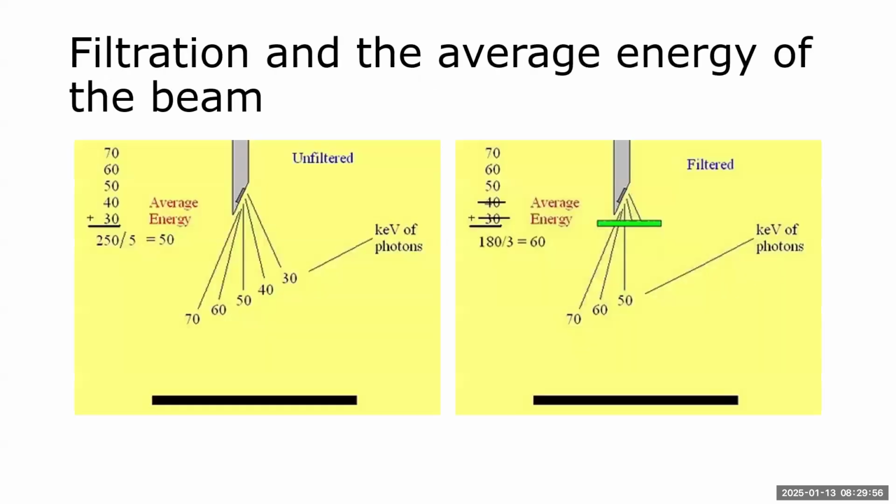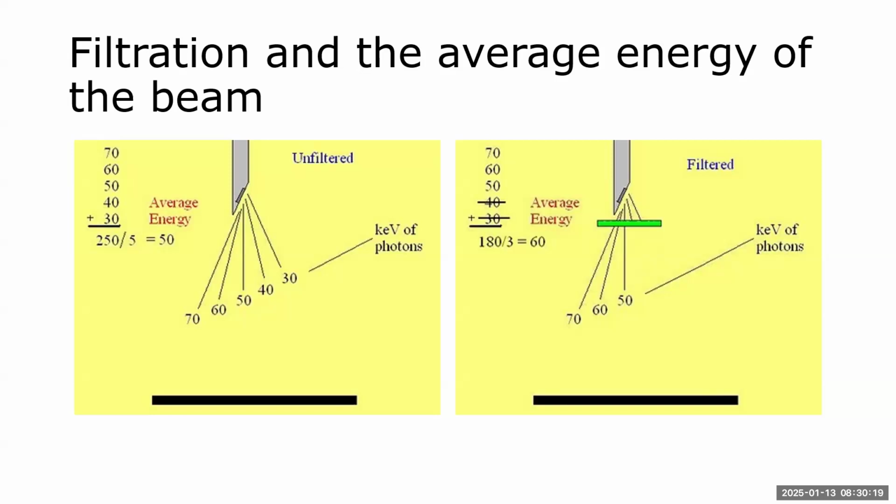So how does it affect the average energy of the beam? If we look at an unfiltered beam, which is on the left, you can see that the keV of the photons ranges anywhere from 30 to 70. Okay, so the average, if we add those up and divide by 5, the average energy of those photons would be 50.